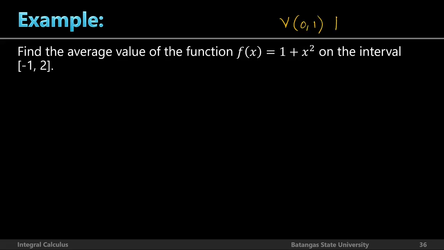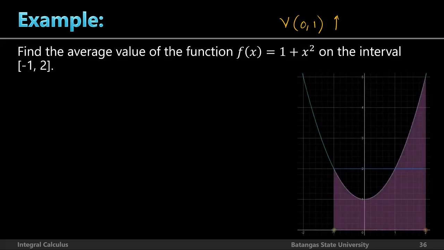So actually, there is no need for us to graph the function if you simply want to get its average value. But again, for the sake of illustration and for better appreciation of the topic, I provided here a graph of the parabola. So ito na ngayon yung parabola natin, opening upward.